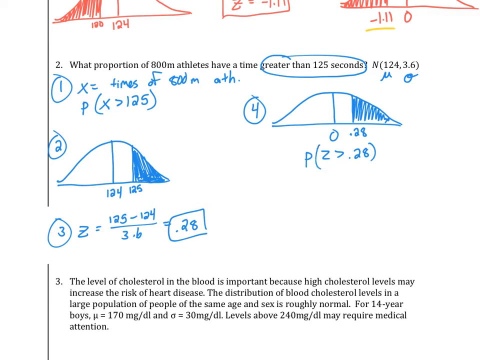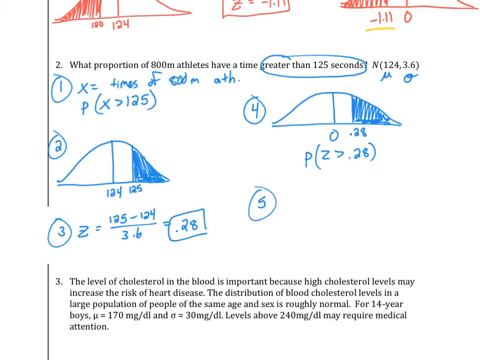That's what we're trying to find. The probability that z is greater than 0.28. Because we're trying to find the probability that's greater than 125, and 125 gave us a z-score of 0.28.